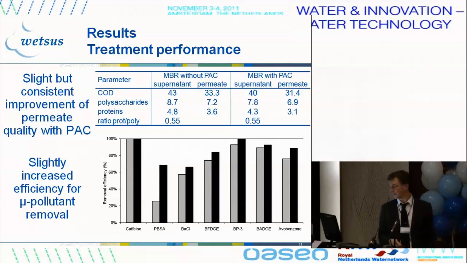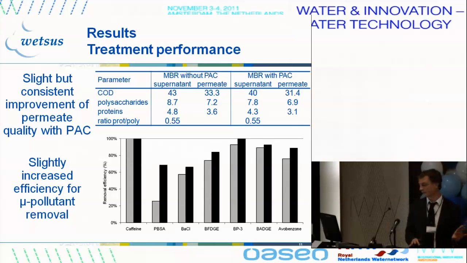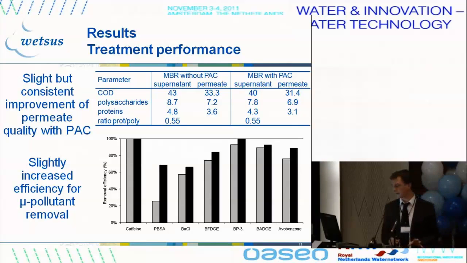So the fouling, it worked. Then we started to look at the treatment performances, because adding activated carbon could lead to better efficiency. We found a slight but consistent increase in the permeate quality. The difference is only 10 to 11% in different parameters.